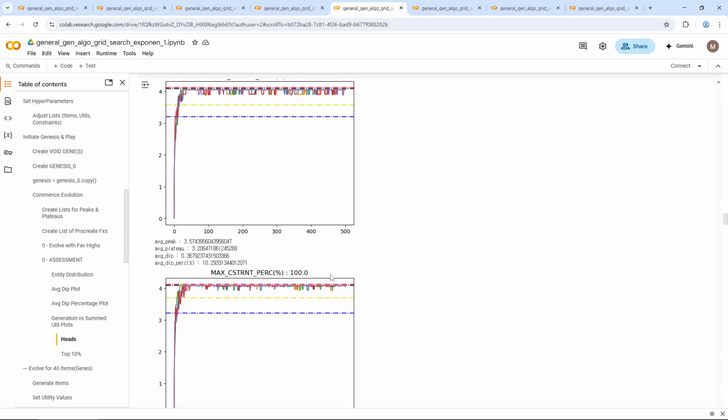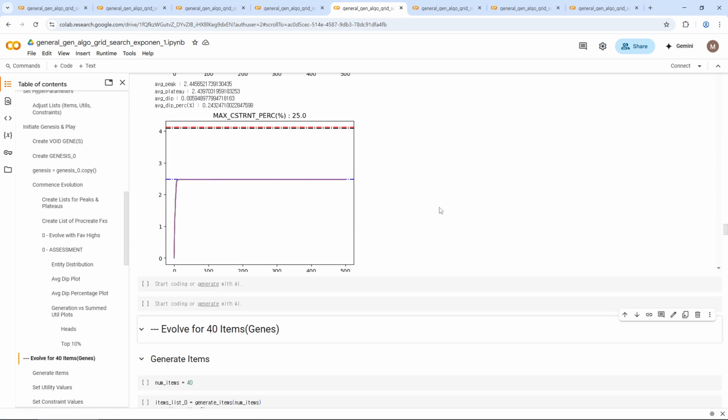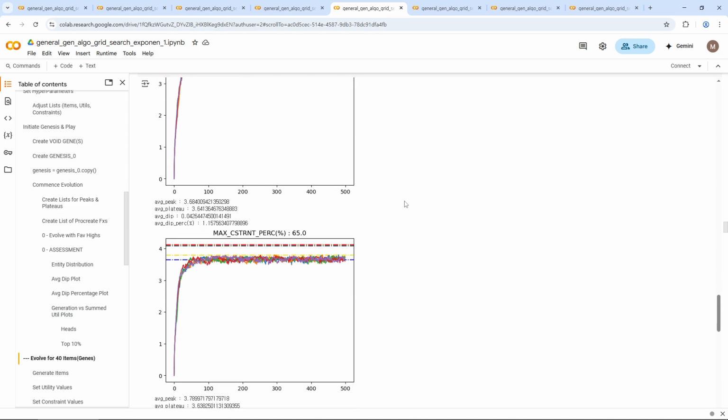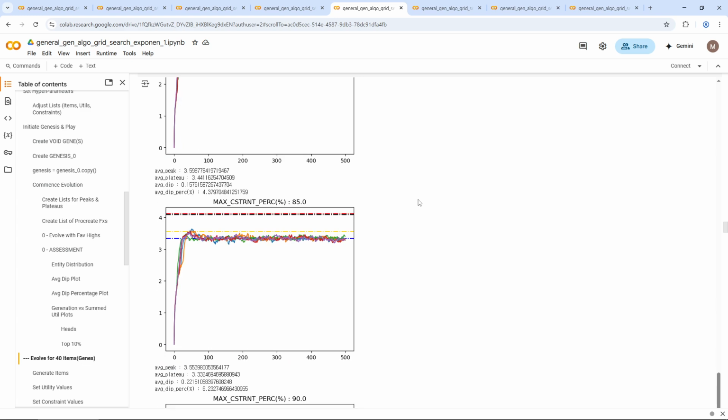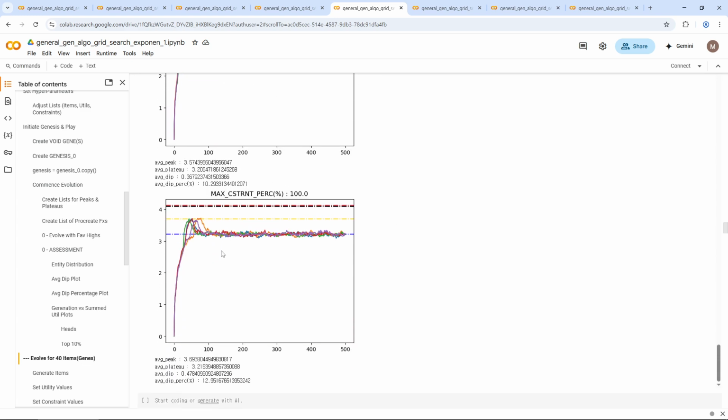At 100% we hit it. So let's have a look at when it is at 100%. Peaks. But this, again, we're dealing with 10 items, so this is why it's happening at max constraint percentage 100%.